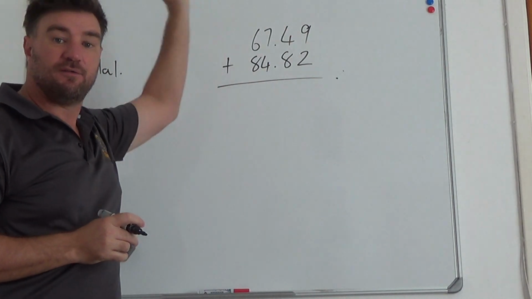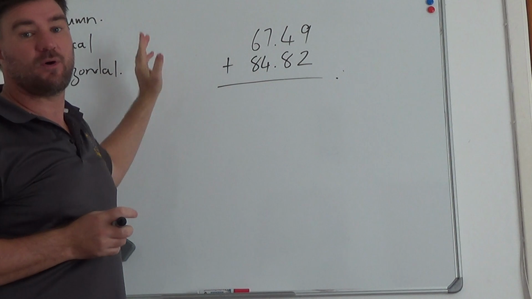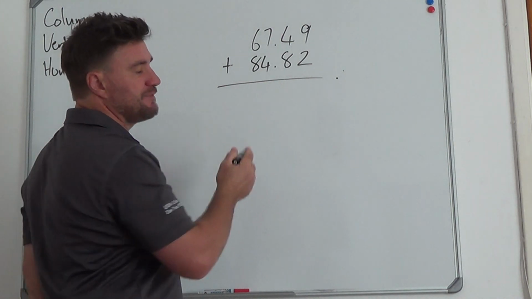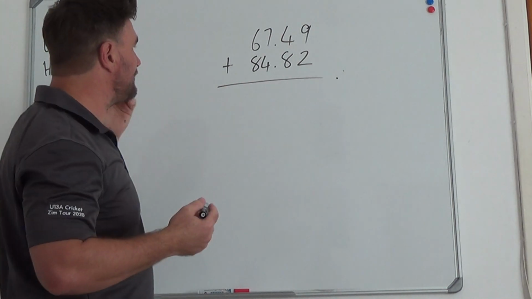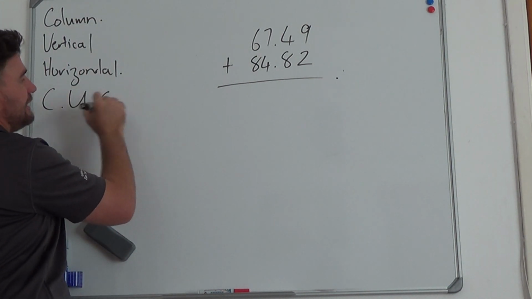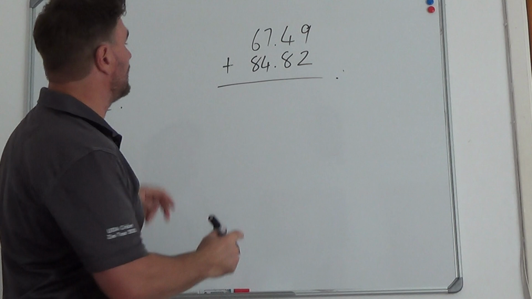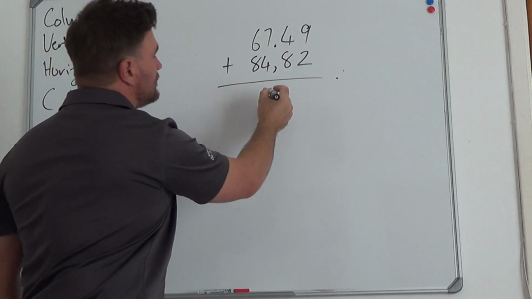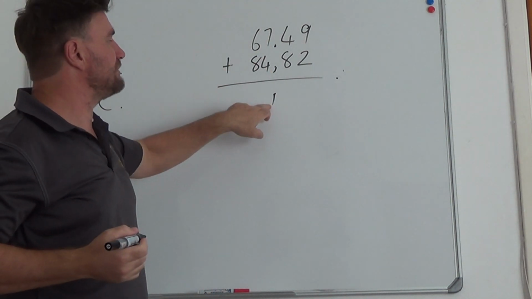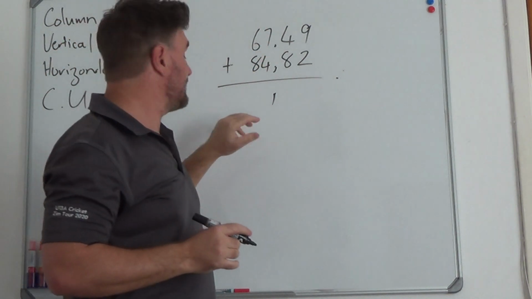Now we are using a vertical or column method. Just like we borrowed when we subtracted, now we are carrying over numbers if they go above 10. The rule is always work from right to left, and remember CUC. If you look in your book where it says CUC, that means keep your commas under commas. These commas or decimal points need to always be directly underneath each other. That normally is my first step before I do an addition or subtraction.